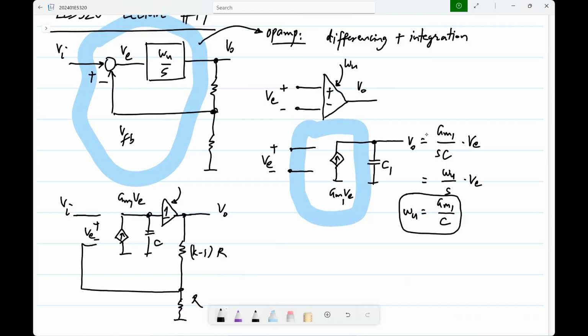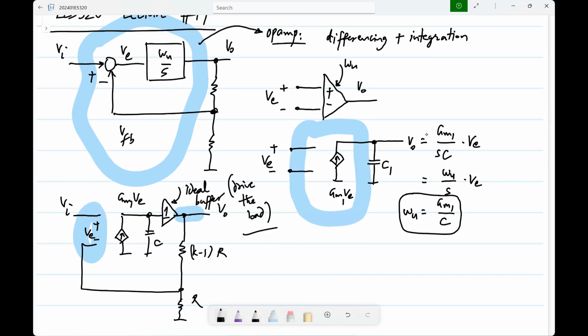There are applications where you don't have those resistors and so on, but I'll have this ideal buffer with a gain of 1, so that the transfer function from this VE to the output remains the same as what I have written down on the right side, but it's not affected by loading. Now, in general, op amps are affected by the load, but that's a complication we can deal with later.